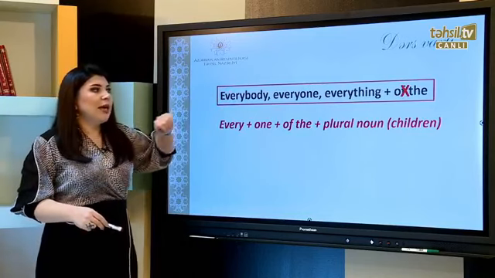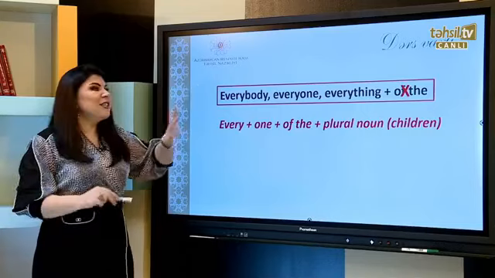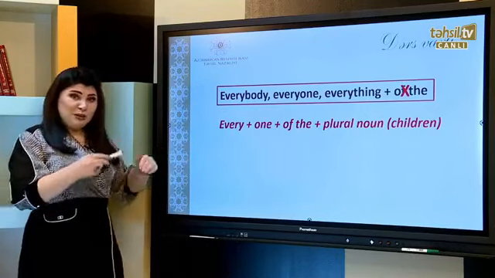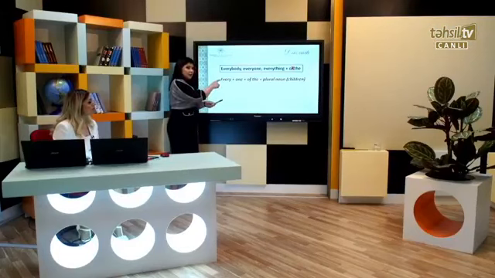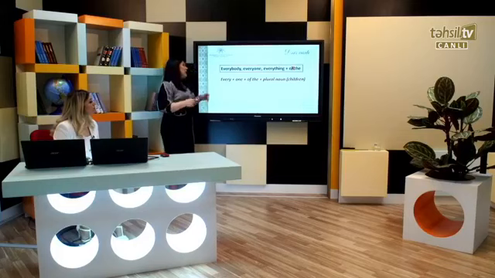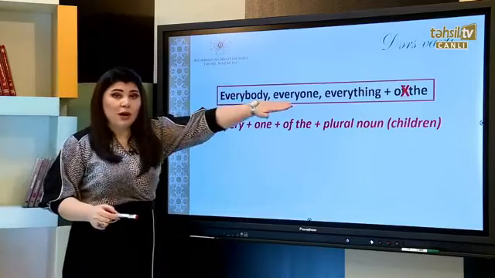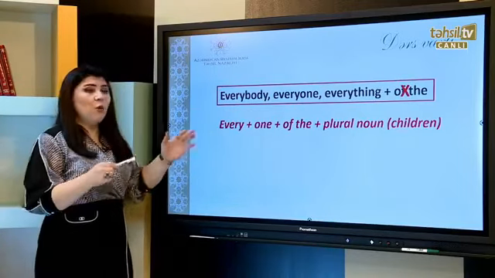Everybody, everyone, everything, these derivatives are never used with of the. Okay? So, do you remember before I have mentioned every plus one plus plural noun? Remember, so we can use every one with of the, but everybody, everyone, this pronoun can't be used together with of the.